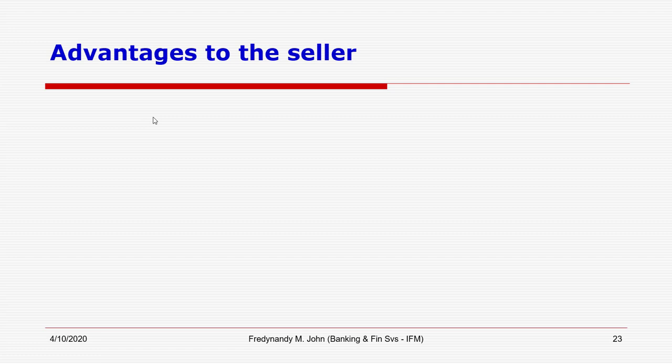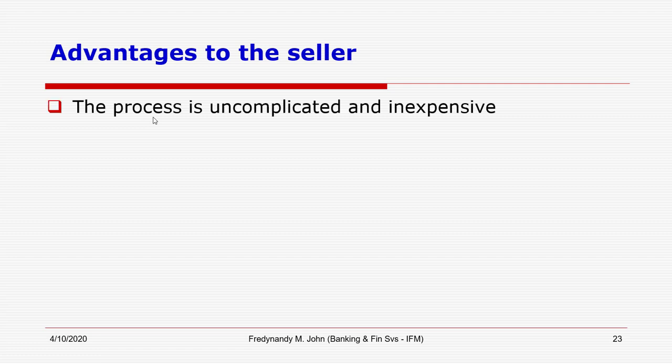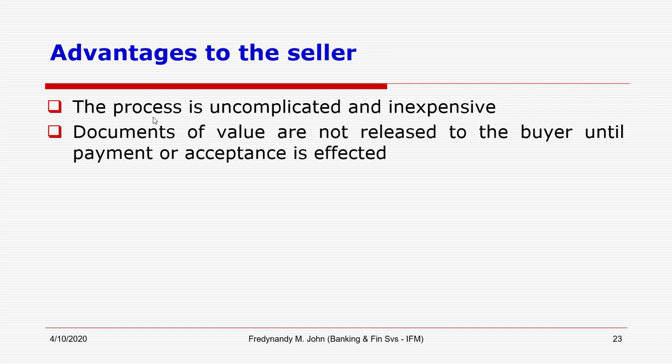Now, what are the advantages of the documentary collection to the seller? Number one, the process is not complicated and less expensive. Number two, the documents of value are not released to the buyer until the payment or acceptance is effected.